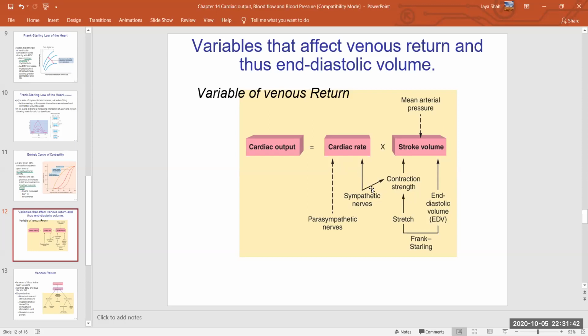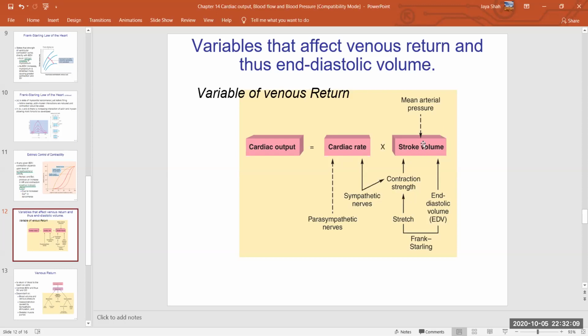Solid arrows increase these variables directly, and dotted or broken arrows affect inversely. Parasympathetic nervous stimulation decreases heart rate, whereas sympathetic nerves stimulate cardiac rate.